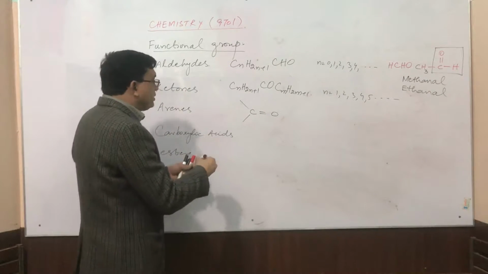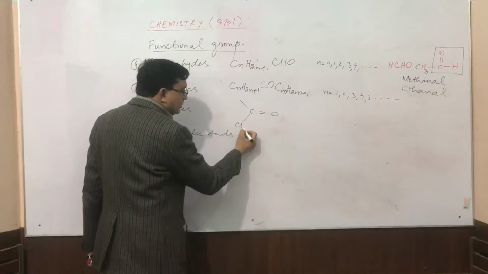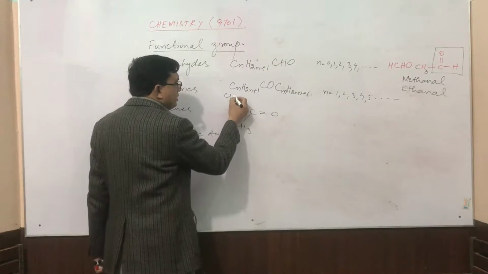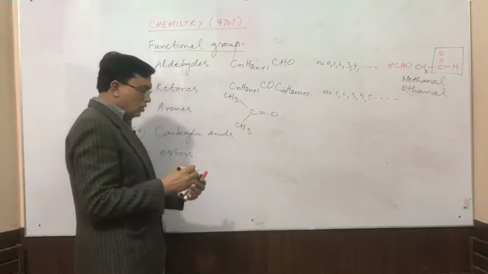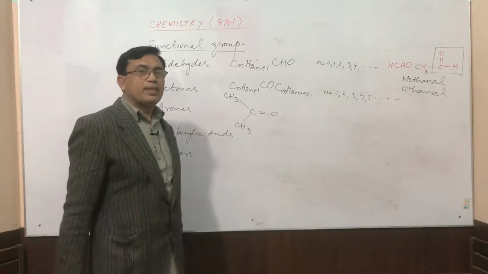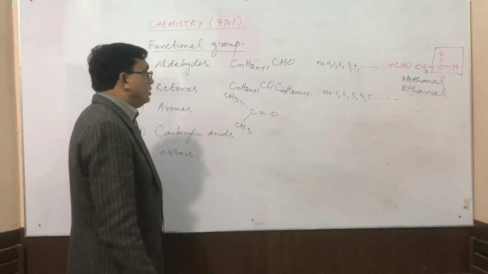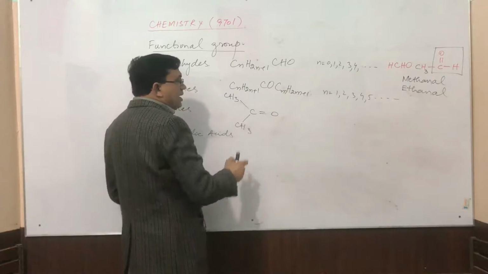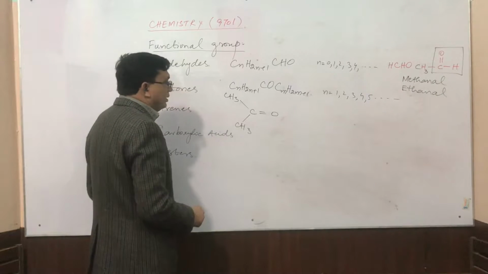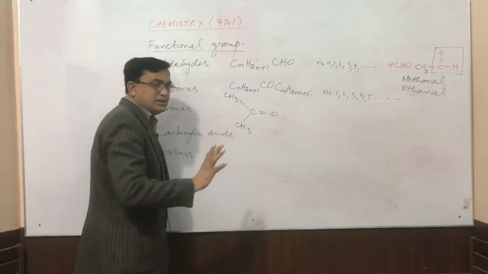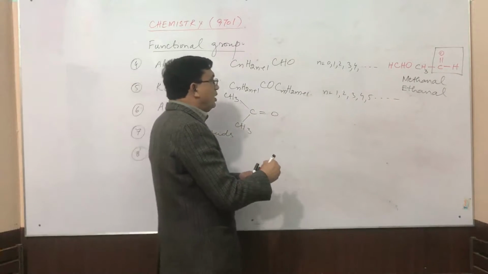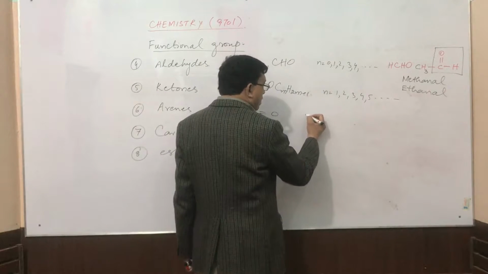For example, if I write here CH3, both of these alkyl groups will become the same. So the name of this compound will be, as 3 carbon atoms are present, according to the alkane parent hydrocarbon, propane.